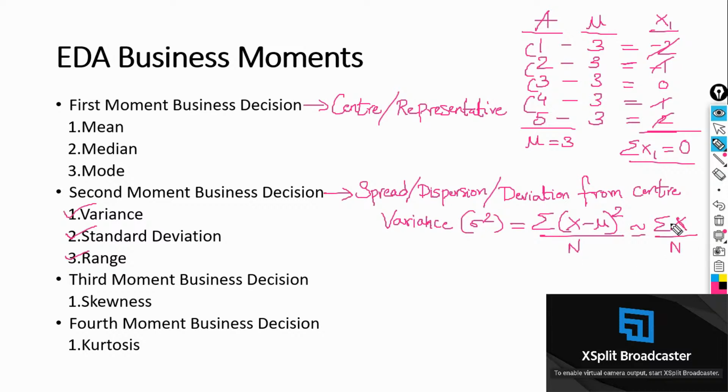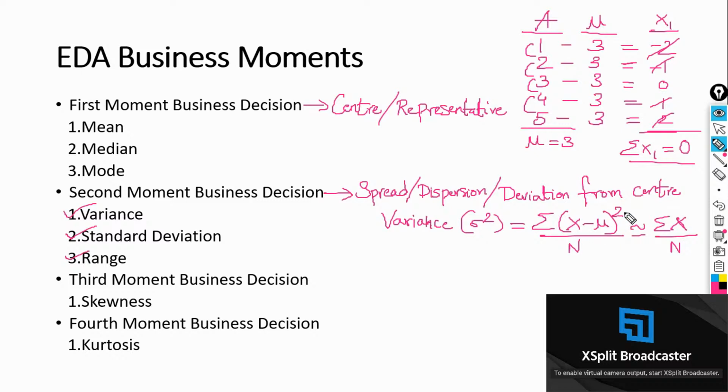Denominators are same, numerators are also same. In place of x, I am replacing x with x minus mu whole square. That is what second moment tells, right? Spread from the center of each and every value. Take each and every value in the data, calculate the spread, get the difference and aggregate them. You'll get the overall spread, right?